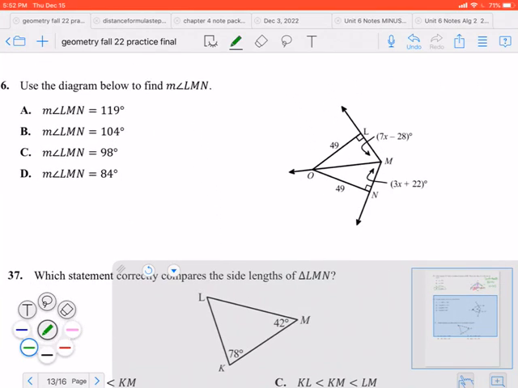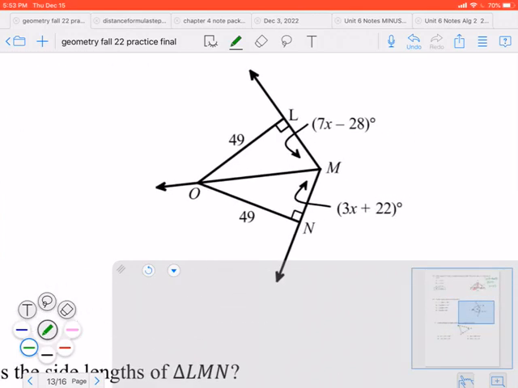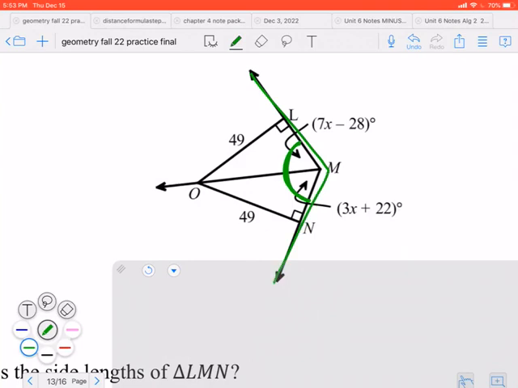Use the diagram below to find the measure of angle LMN. Okay, LMN is this bigger angle. So I can see we've got congruent triangles here.